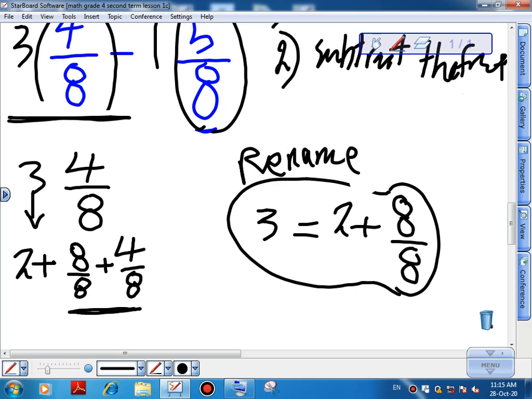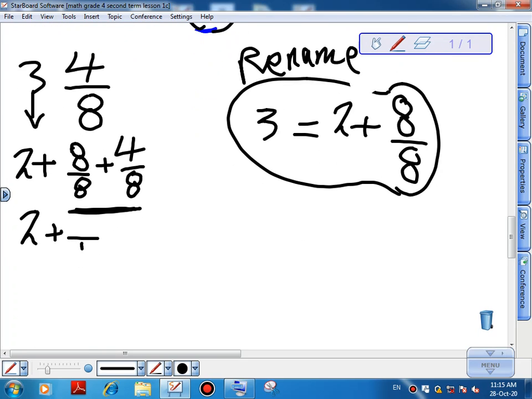Can we add this fraction? Yes, they have the same denominator, like this, 8. 8 plus 4 equals 12. It will be 2 plus 12 over 8, which is a mixed number, a whole number and a fraction.